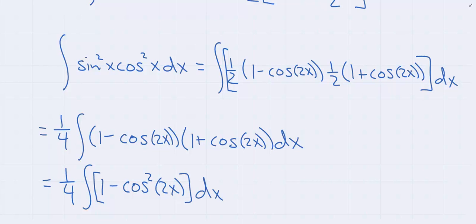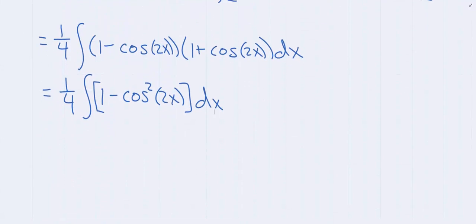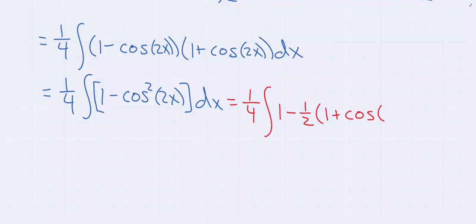Now we're right back where we have a squared term, a cosine squared, so we have to use that power reducing formula again. Here we go. We've got 1/4. Inside the integral, I'll just leave this 1 as it is for now, but we have minus 1/2 times 1 plus cosine. Now be careful, it's not 2x, it's 4x now.